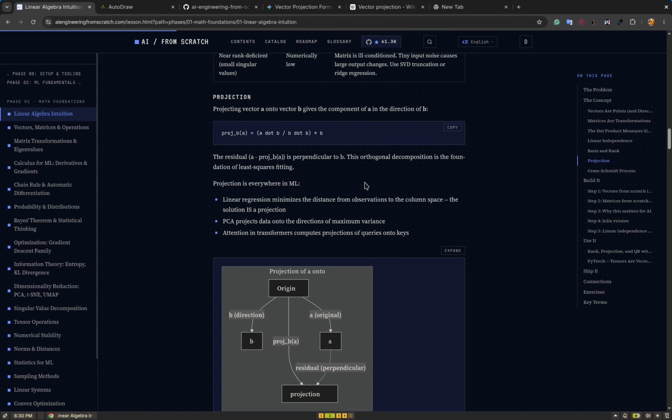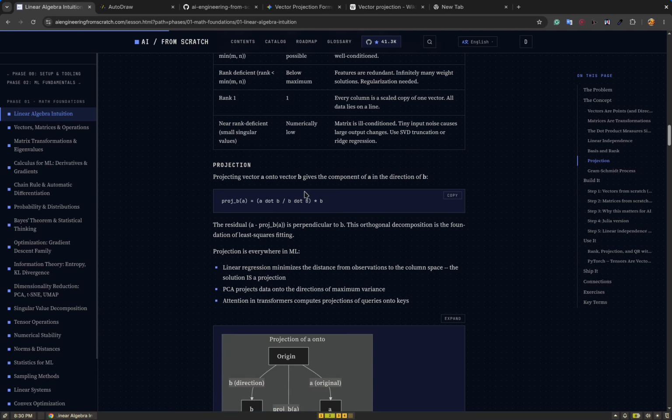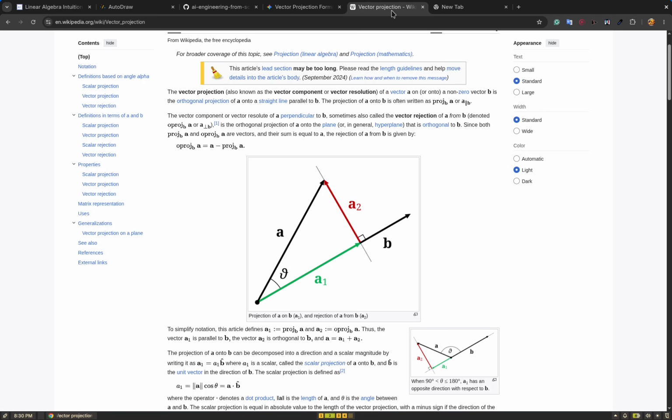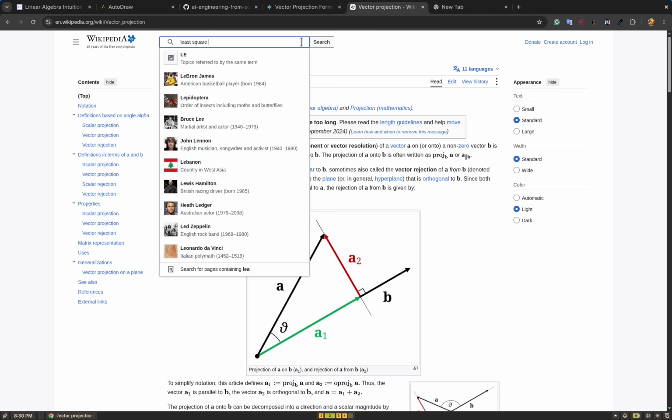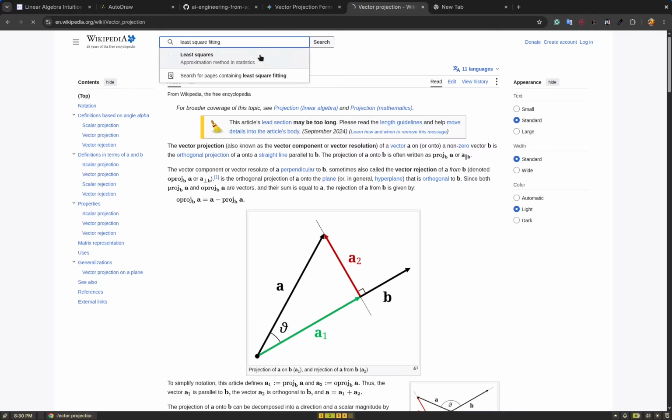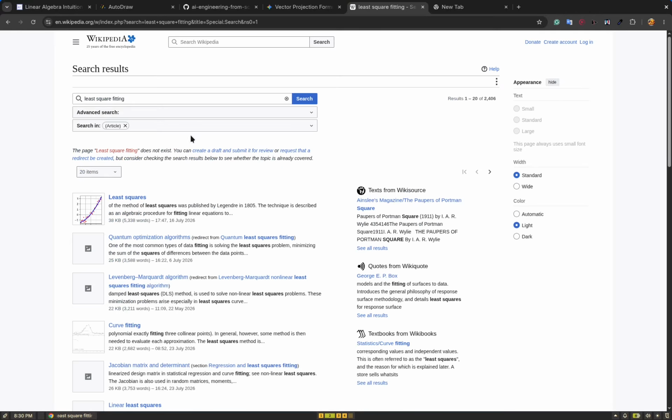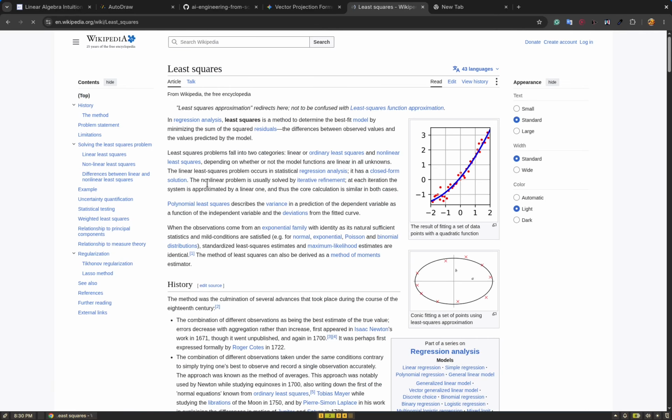This article is the foundation of least square fitting. I don't know that, but okay. What is least square fitting? Least square is the method to determine the best fit model by minimizing the sum of the squared residuals, the difference between observed values and the values predicted by the model.